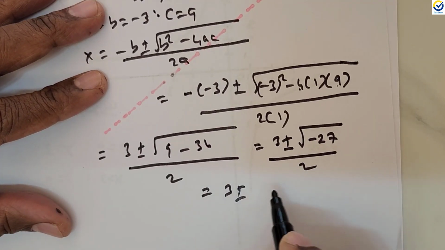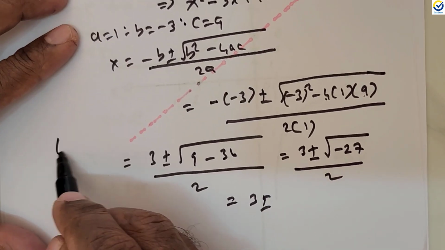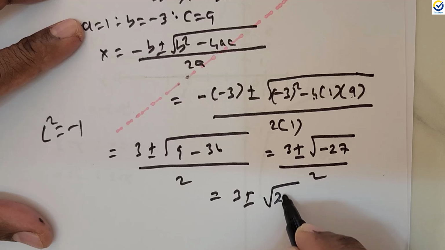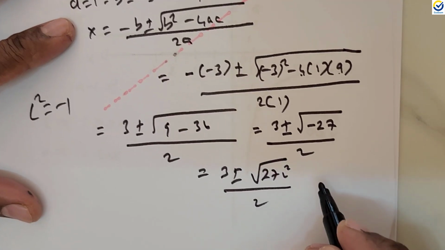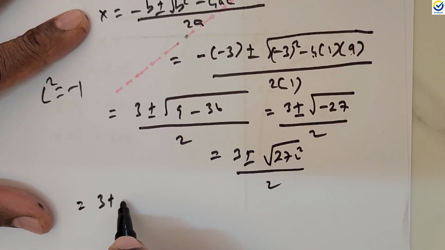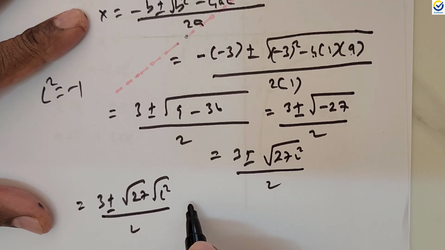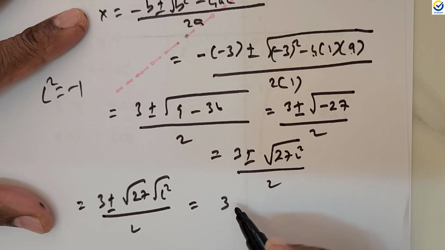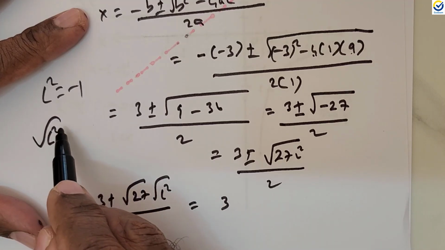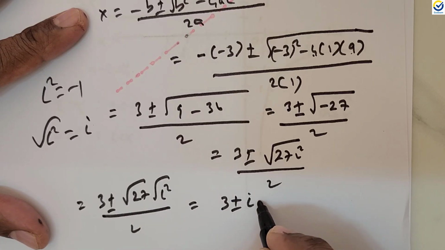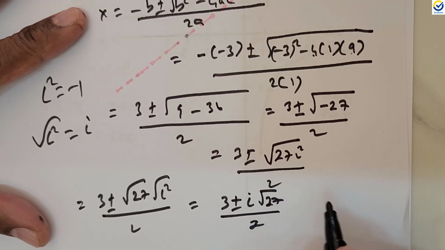There is a formula, i squared = -1, so I'm going to rewrite this as 27 i squared divided by 2, which is the root of 27 times the root of i squared divided by 2. The root of i squared is i, and of course you have plus or minus i present here. So ± i times root 27 divided by 2.